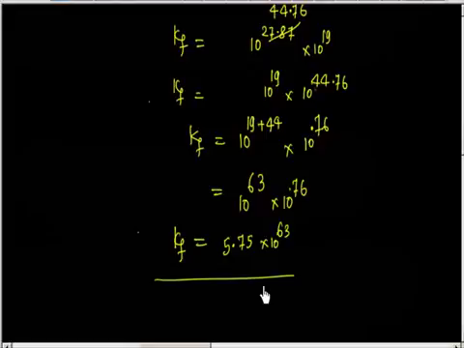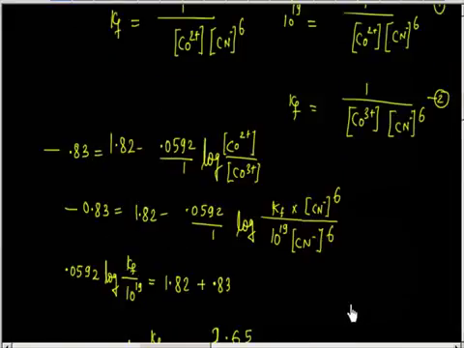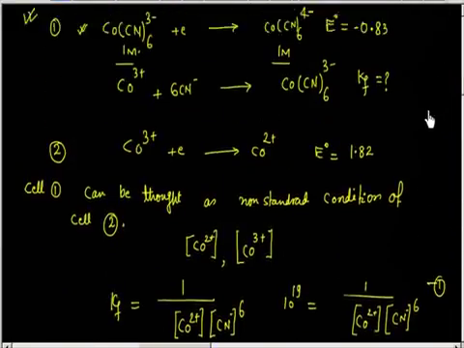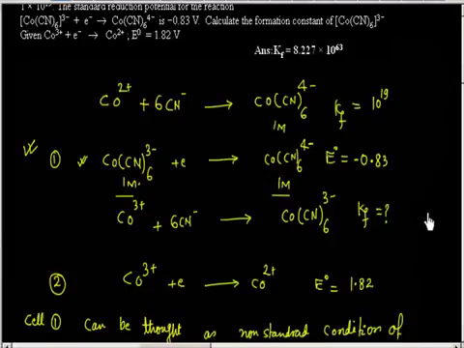Now this is a good problem basically. This is a very good problem because this covers the concept of concentration of Co2+ and concentration of Co3+. To find the concentration of Co2+ and Co3+, you have been given two equilibria. One is this equilibrium, another is the Kf equilibrium.